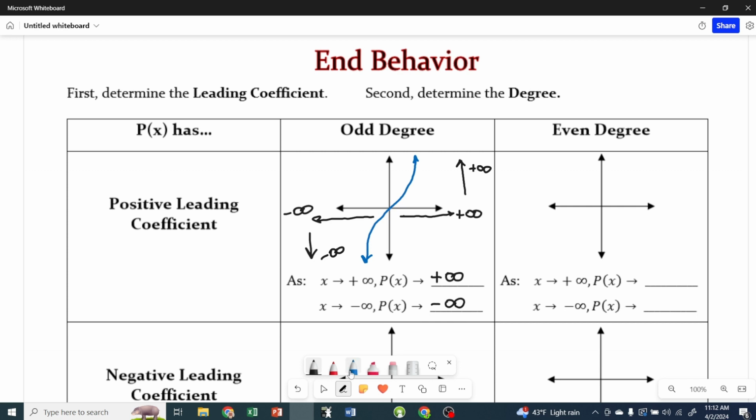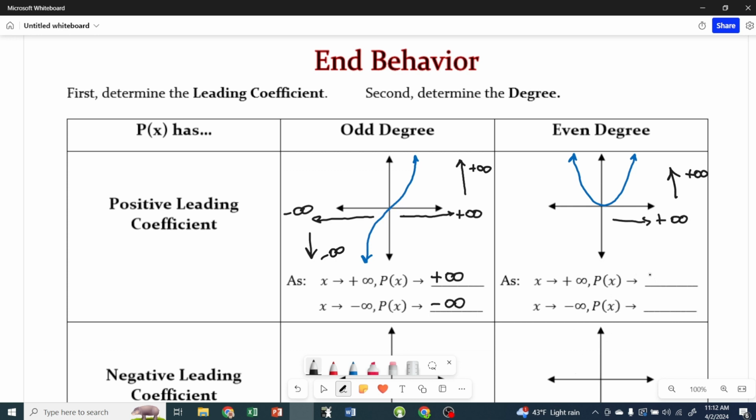Now, even degree polynomials will behave like this. They're going to be here, and they're going to come down and go back up. They're going to be somewhat parabolic. So as we're approaching positive infinity out here, we're going up to positive infinity.